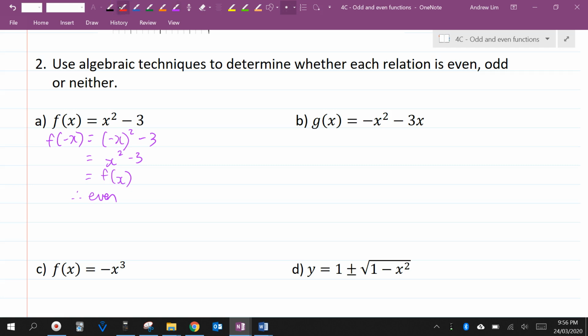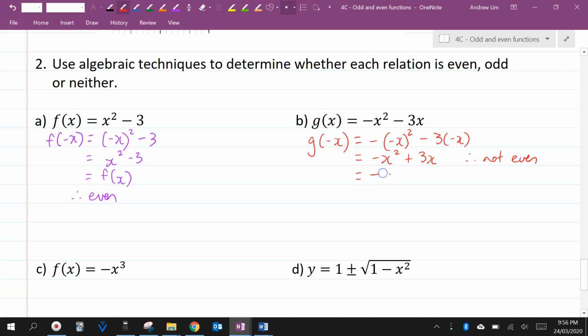What about b? G of negative x. I'm going to replace all x's with negative x. Well, here we've got negative x squared plus 3x. That's not the same as g of x, so it's not even. Okay, so I'll just say here, therefore not even.